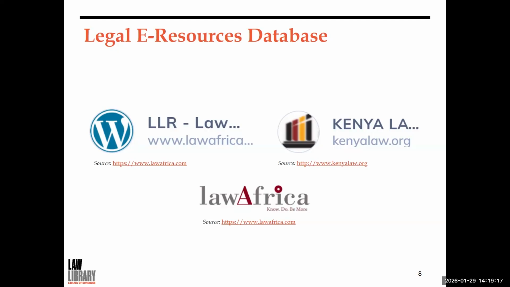Kenya Law is the official legal repository of the Kenyan government, and it helps bridge the digital divide in legal information access. Law Africa is also majorly used here in Kenya and East Africa, and we get the login credentials from the provider.